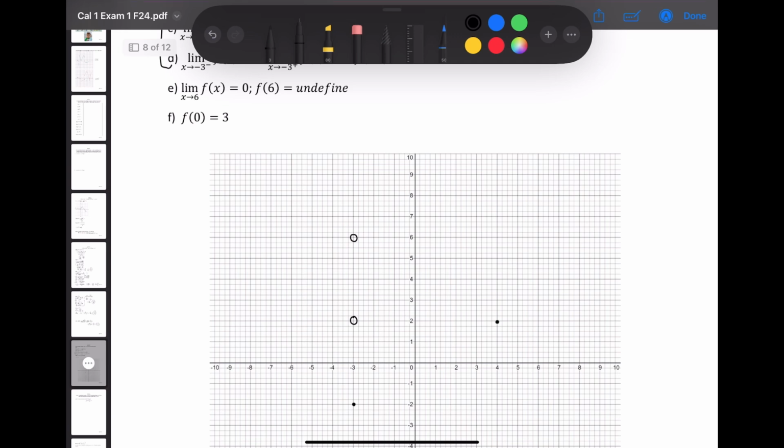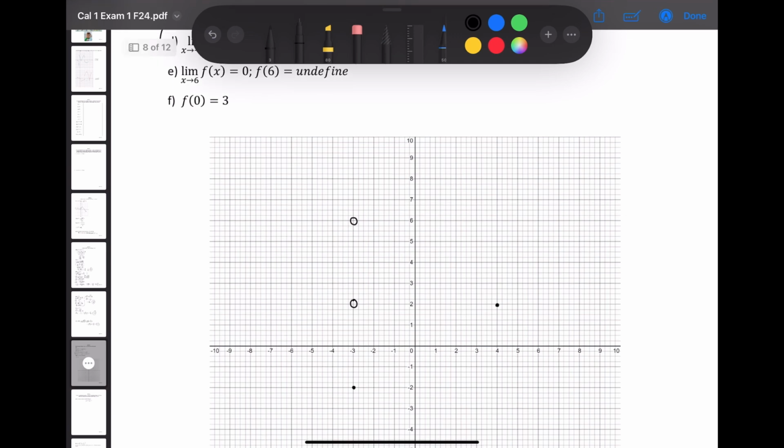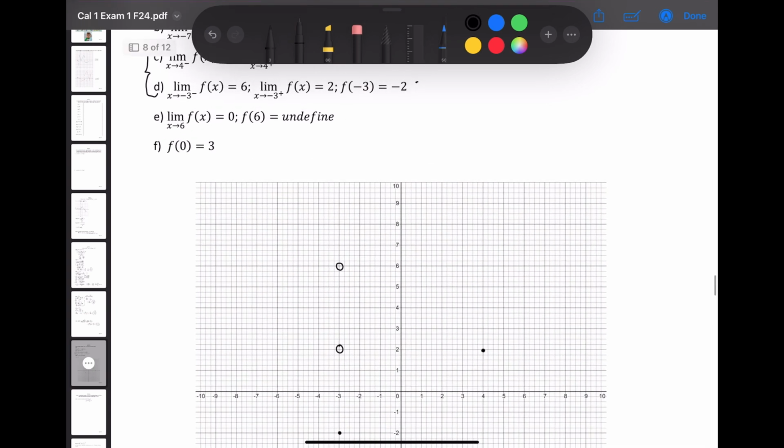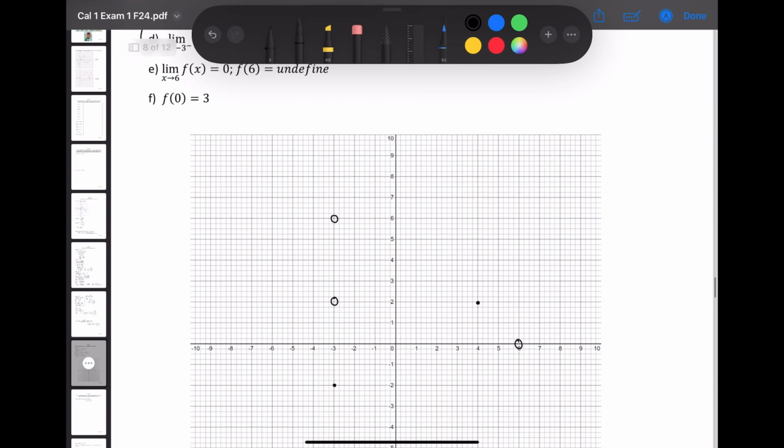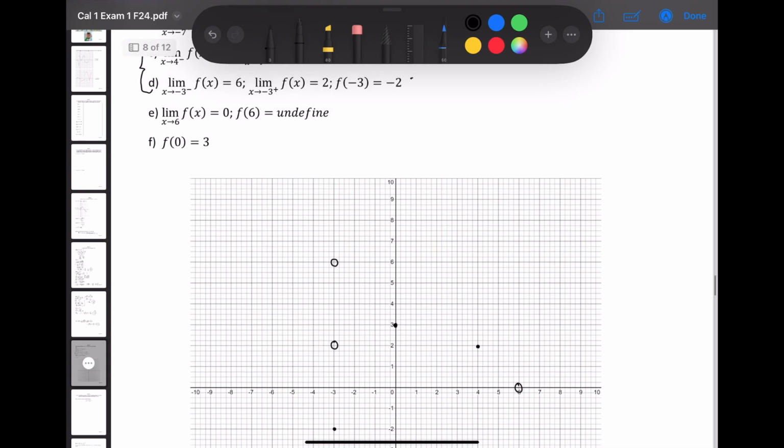Oh no, that was supposed to be closed, sorry. I thought about it, but I didn't say it out loud, so I got confused. So 6, 0, and then f of 6 is undefined, which makes sense because it's an open circle. And then f of 0 equals 3, so we know it's going to be a closed circle. It doesn't include a limit, and it's a value given.